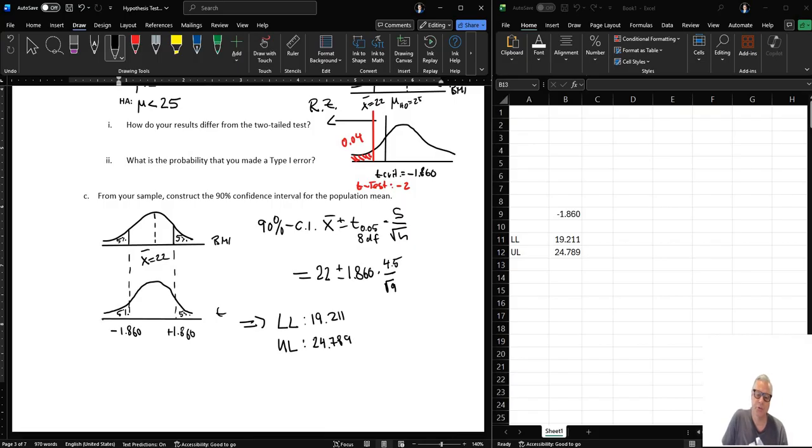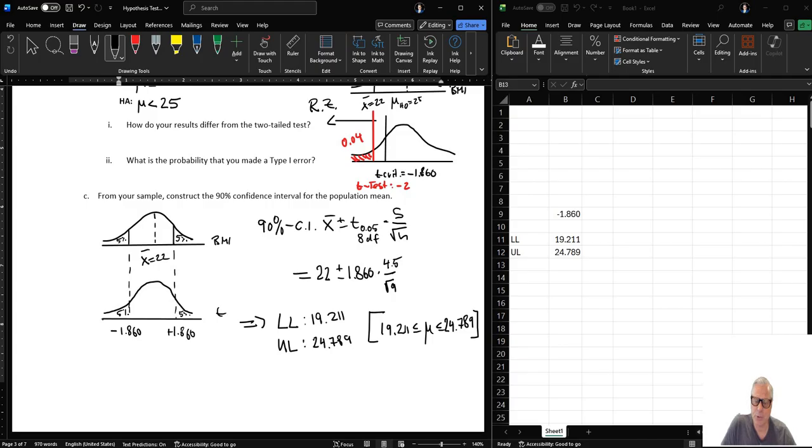So we can also write that confidence interval something like this. We put it into brackets, and then we just say 19.211 is less than or equal to the population mean, which is less than or equal to 24.789. And yeah, that would be the 90% confidence interval.